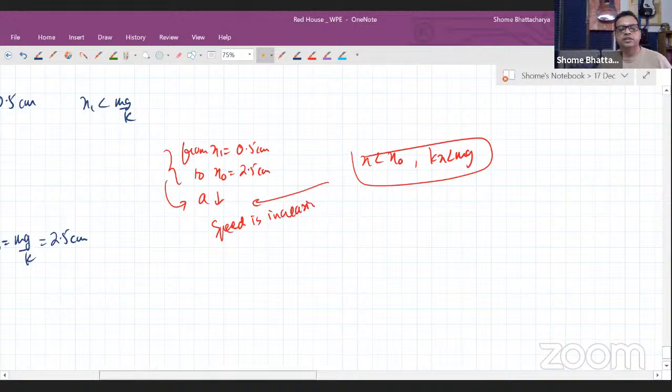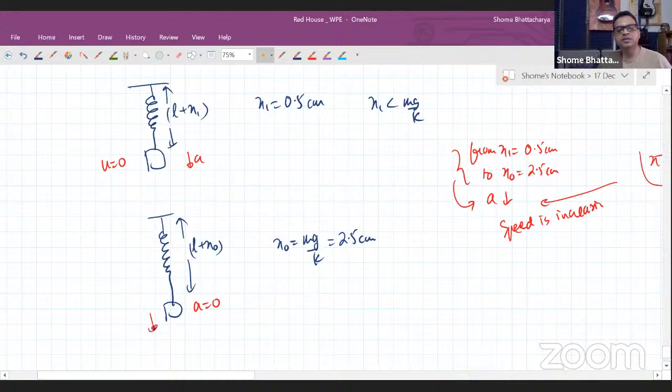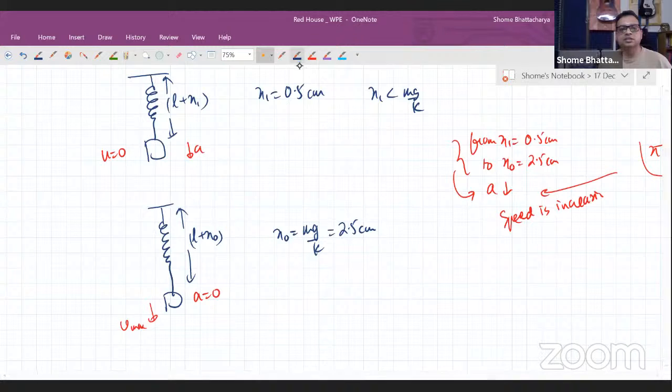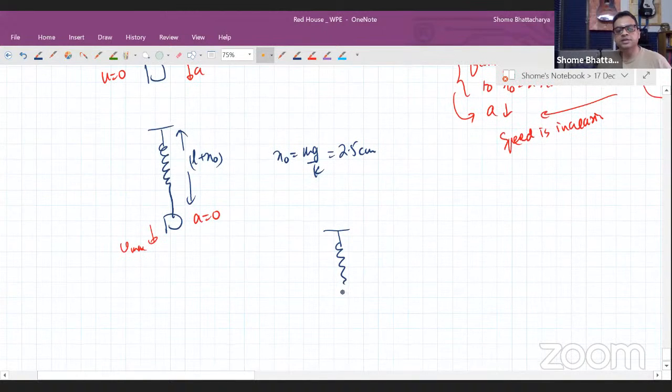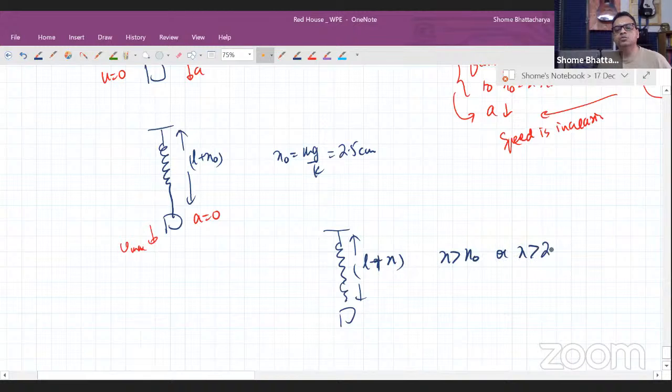Whereas the moment it crosses this point, by the time it reaches here, it has maximum speed. But the moment it crosses this and goes to some x which is greater than 2.5 centimeters or mg by k, some general state like this, where x is greater than x naught, or greater than 2.5 centimeters, or greater than mg by k, now what is happening? kx is dominating.